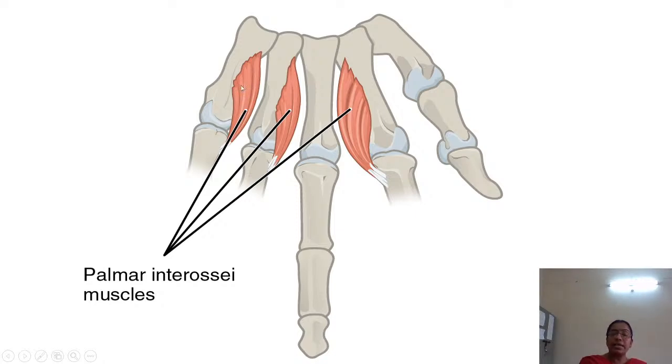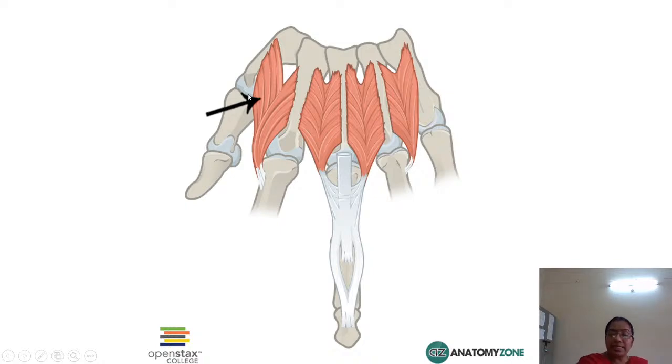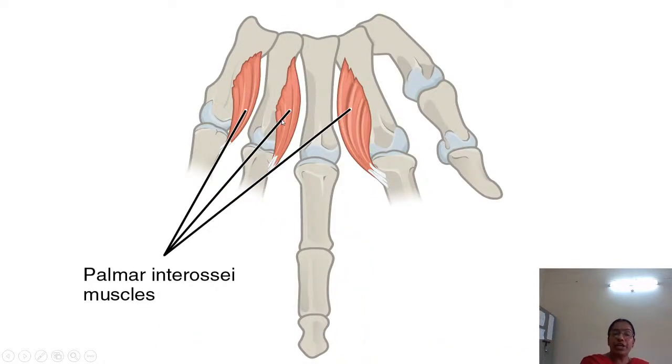The first and second are coming from the ulnar side. So these are the metacarpal bones and these are the phalanges. This is ulnar, this is the radial side. So they are coming from the ulnar side of the first metacarpal bone, inserting into the proximal phalanx.